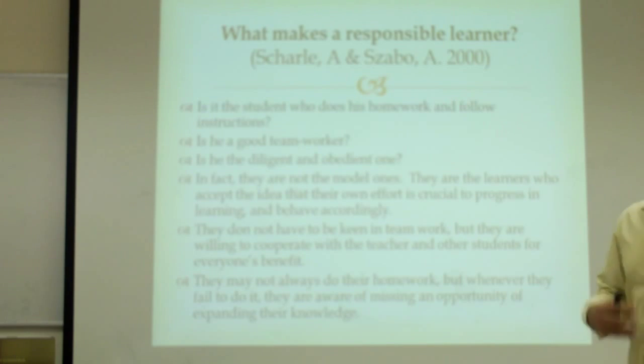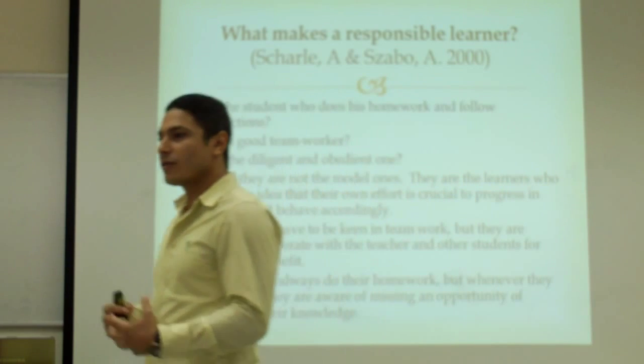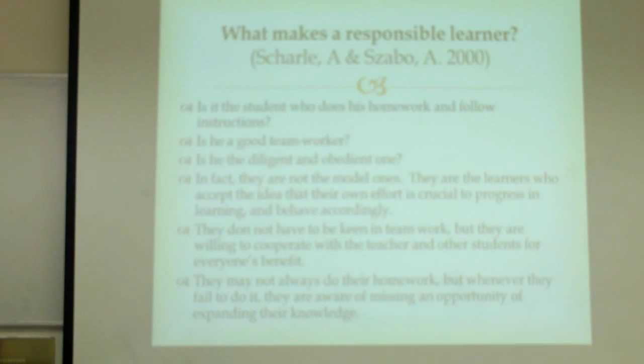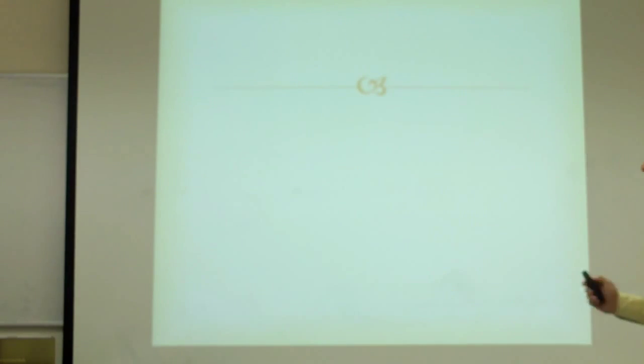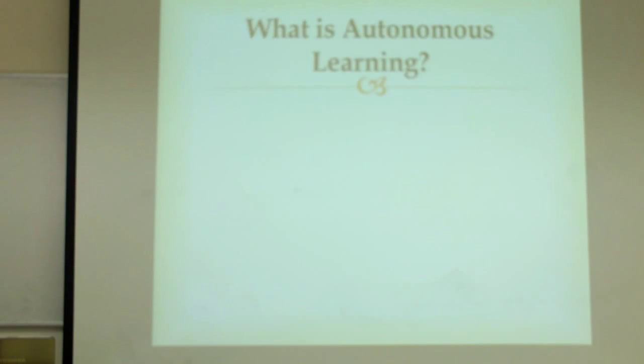So they are cognitively aware that they did something wrong and they missed an important opportunity to learn something, and if they miss it this time, they will be keen on doing it the next time. Self-conscious. Yes.